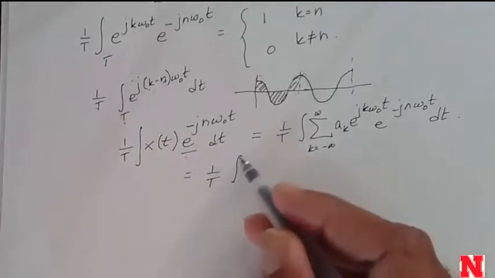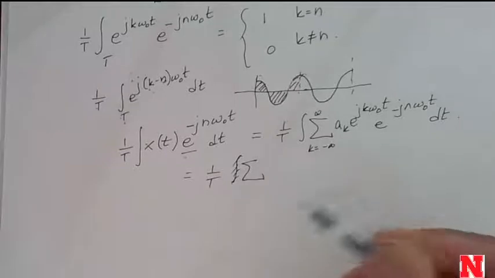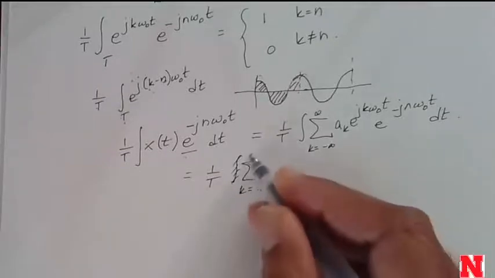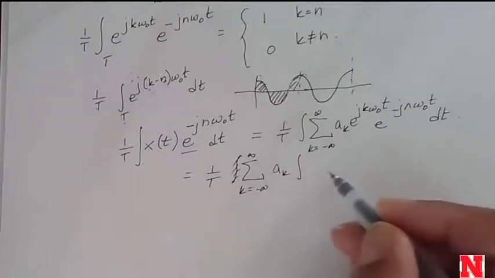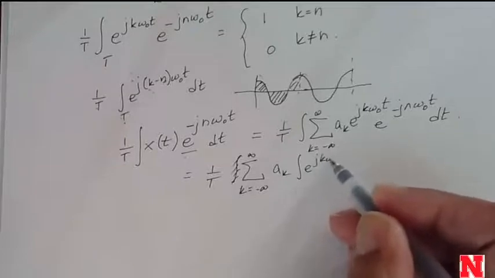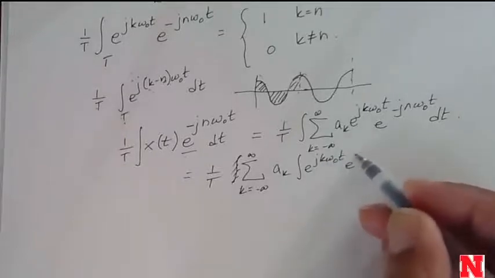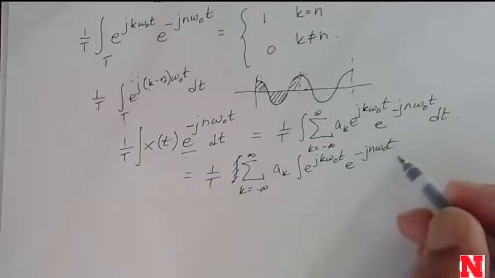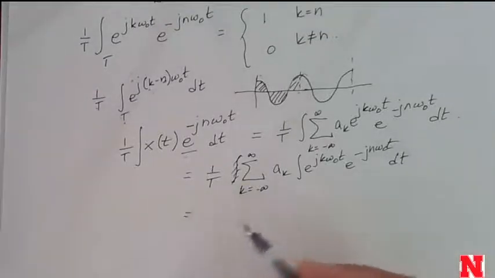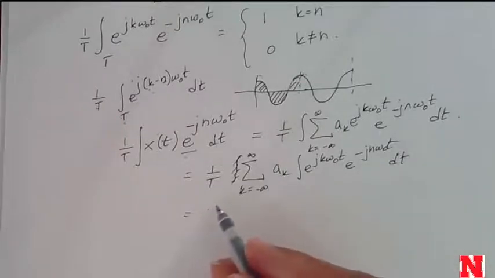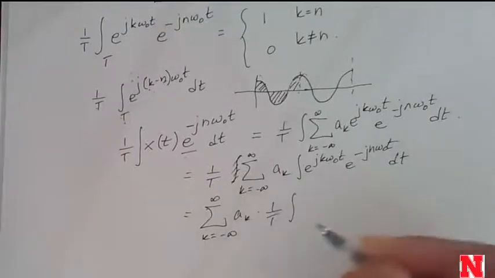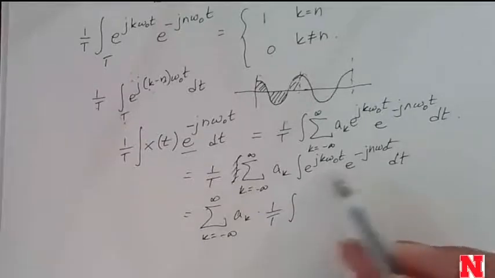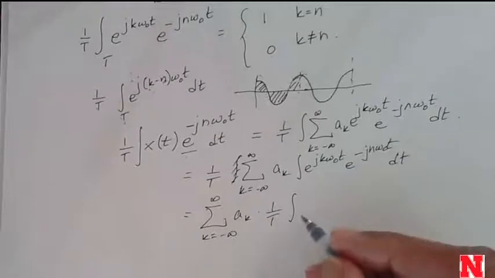So I get summation k equals minus infinity to infinity, a sub k integral e to the j k omega naught t e to the minus j n omega naught t dt, which is equal to, let's make that 1 over T inside as well. So this is summation k equals minus infinity to infinity, a sub k, 1 over T, and I have e to the j k omega naught t e to the minus j n omega naught t.